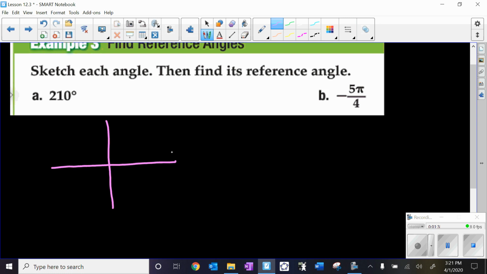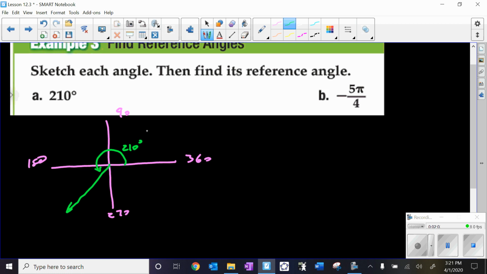So if I was to pick out where 210 degrees is, 90, 180, 270, and 360, 210 would lie in the third quadrant. So from my initial side all the way around, that would be 210.